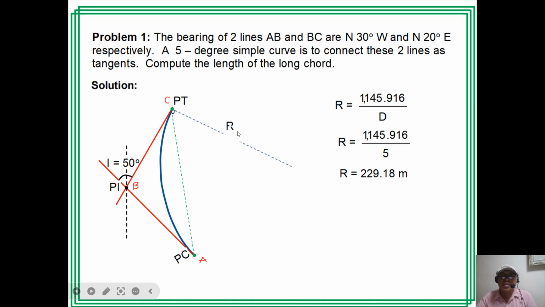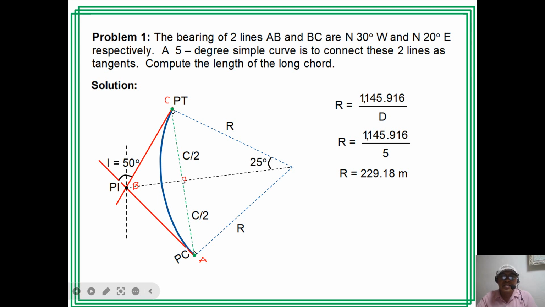So we have the radius R, then we have the radius R intersect at the center O of the circle. Okay. So R is 229.18 and then I is 50. So if we take half of this, so this is C over 2, C over 2. And this is I over 2, which is 25 degrees.